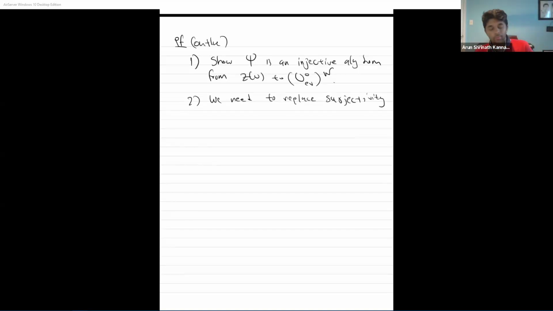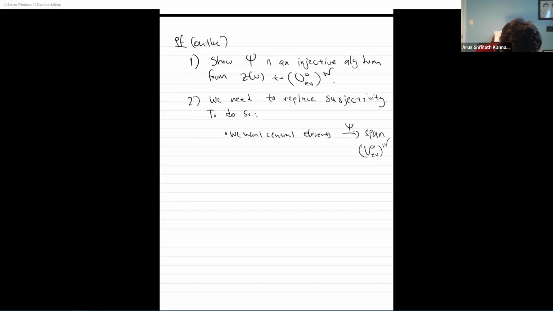To do so, what we want, in order to show surjectivity, is central elements whose image under psi will span U naught F. To do so, we're going to appeal to the dual space.